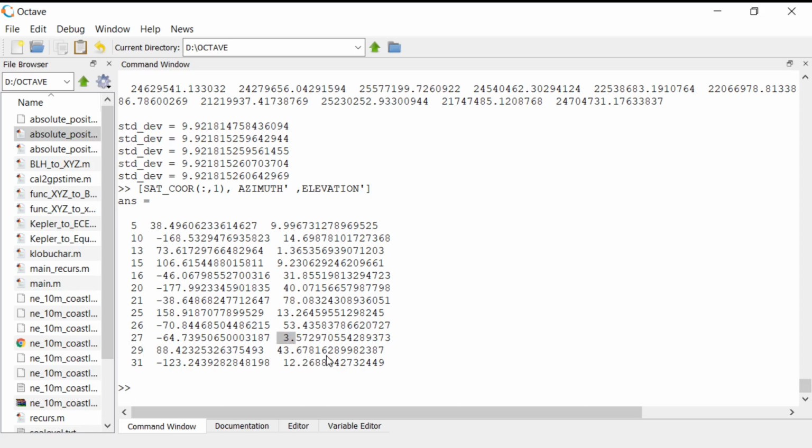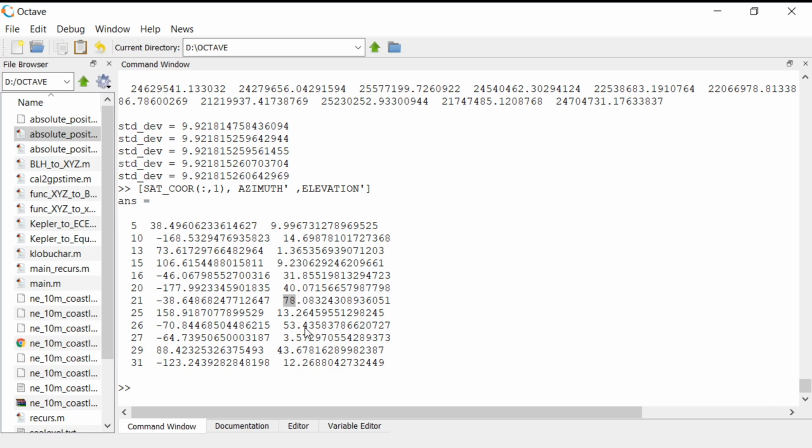This type of elevation is so small that the signal will be distorted largely because it penetrates through the atmosphere before arriving at the antenna, at the receiver, and it is distorted largely compared to the other satellites. For example, compare with the elevation of 9 degrees or of 78 degrees.